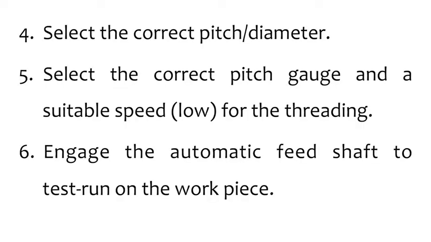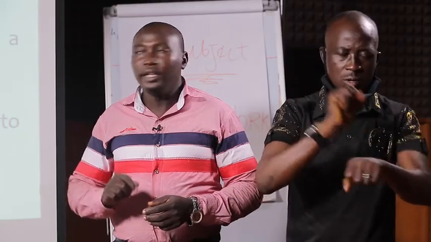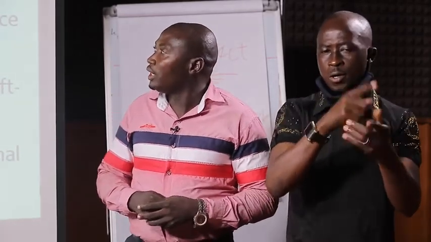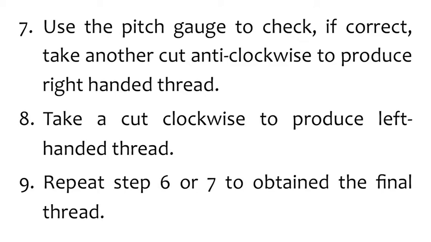Number 6, engage the automatic feed shaft to test run on the workpiece. Engage it to test run to see whether it is exactly what you want to cut. Then the next one is use the pitch gauge to check. And if it is correct, then take another cut anti-clockwise to produce right-handed thread.